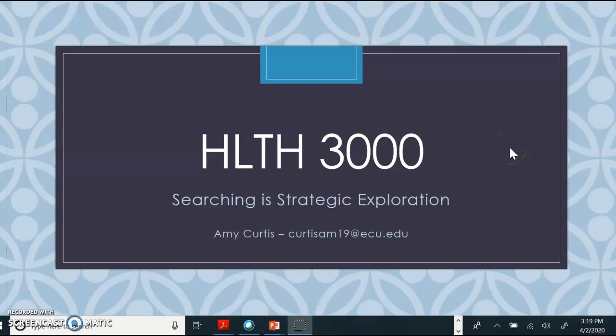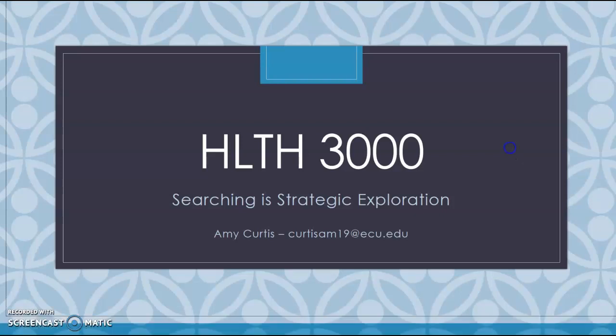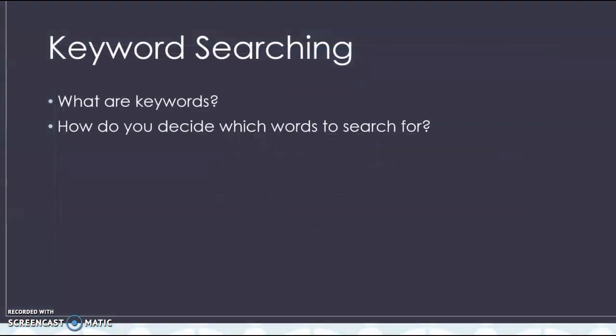So first, for this video, I'm just going to go over a basic overview of searching in databases. This might be a review for some of you, but hopefully it will help, with just some basic research strategies. First you want to think about keywords related to your topic. If you don't have prior experience with database searching, it's different than searching in Google, where you might type out a full sentence or phrase or question.